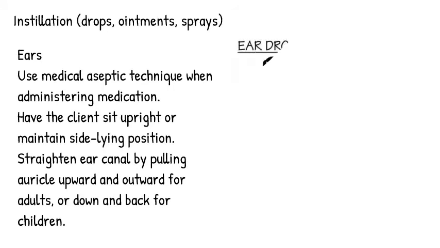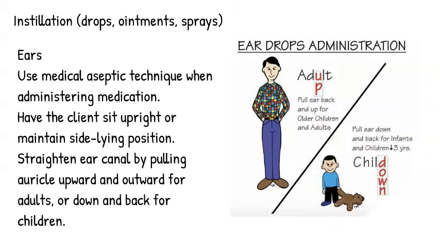After you administer the drops, you can apply gentle pressure to the tragus of the ear, and that will facilitate the movement of fluid down the ear canal. Ear drops for an adult, you're going to pull the ear back and up. For children, you're going to pull the ear back and down. So this is the administration of ear drops for adults and children.